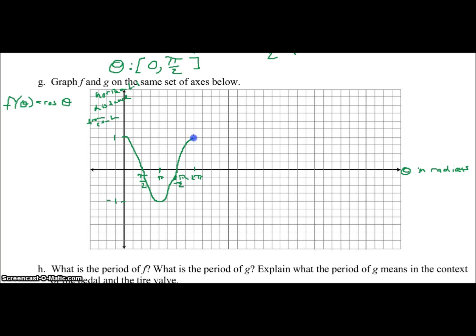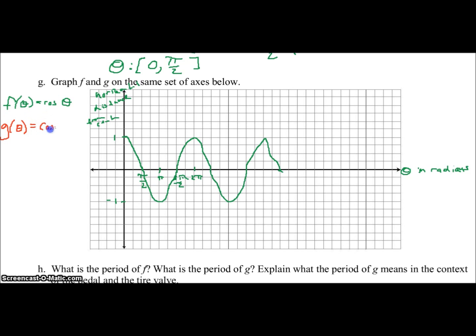The function's going to look like this, and it's going to repeat.